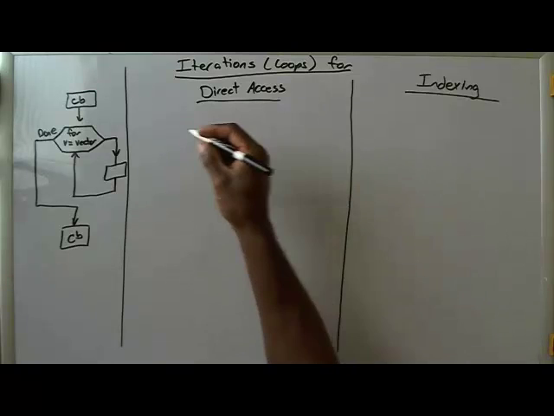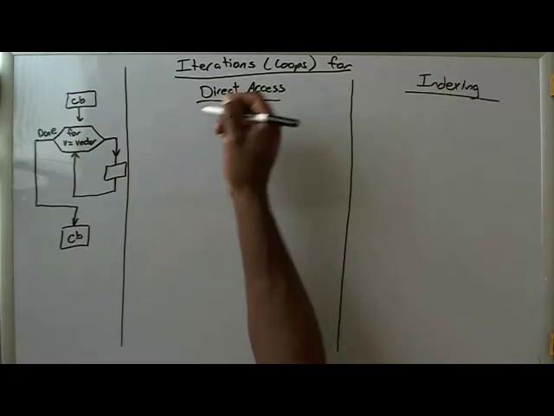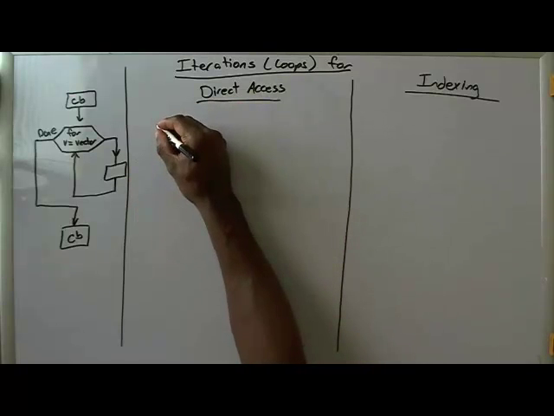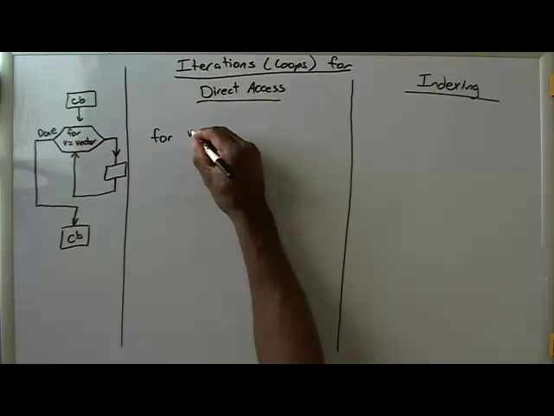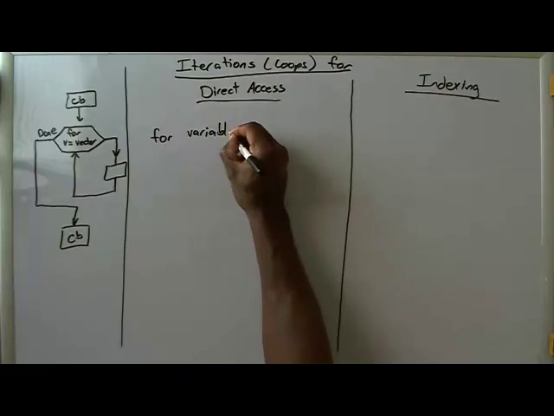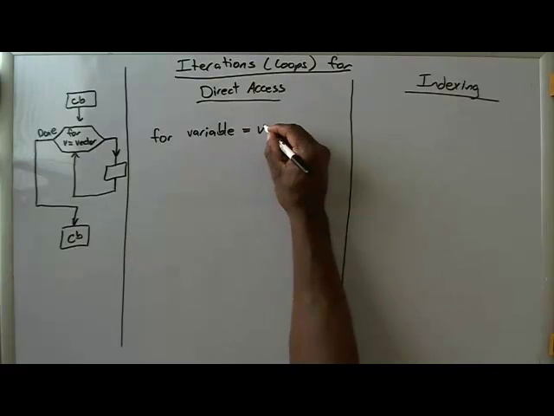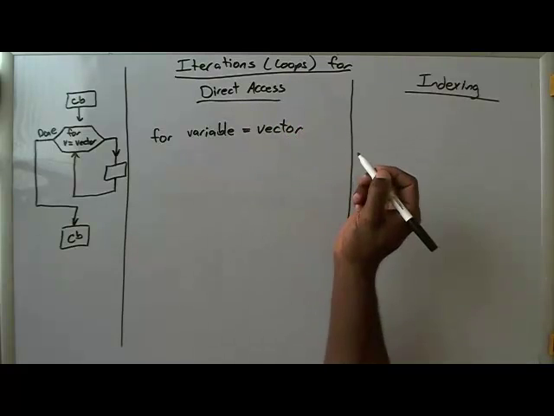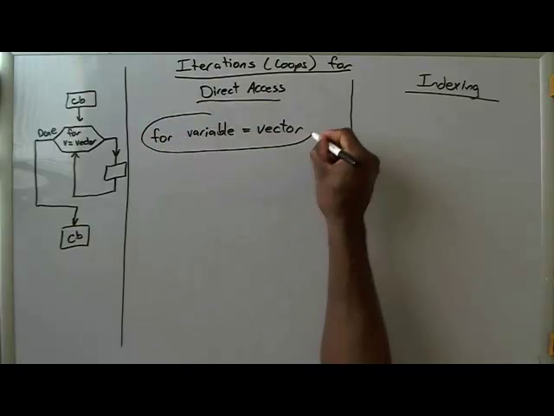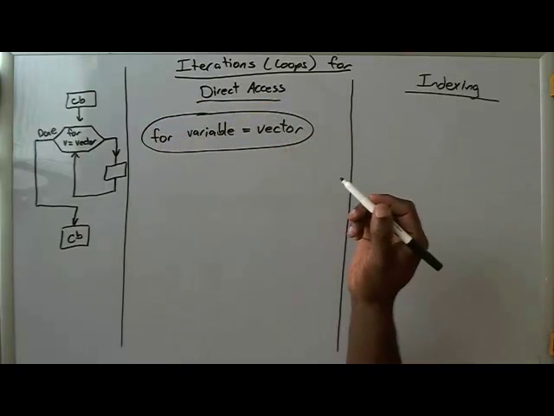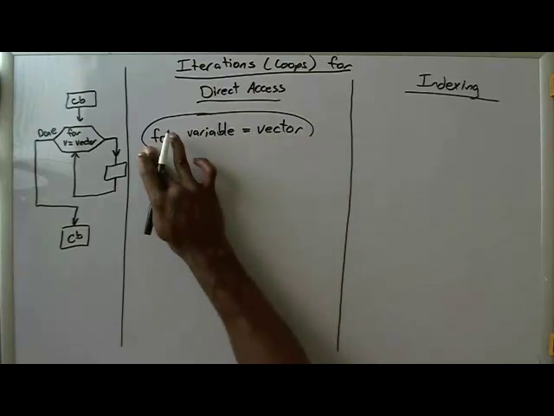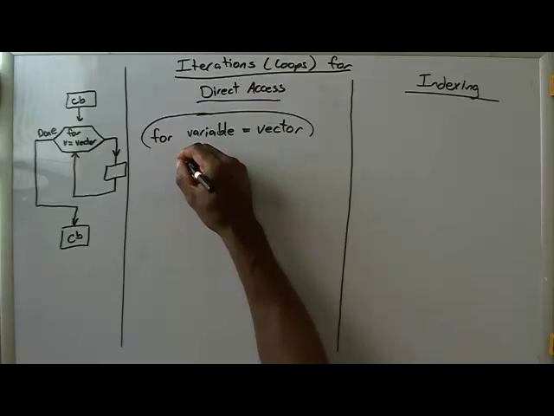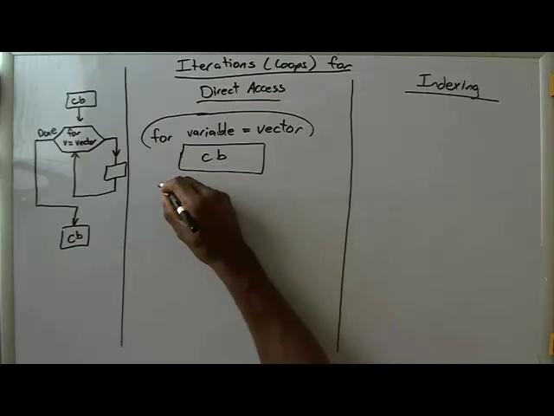So I'm going to write a couple of scripts here. So the first script is I'm going to say for, keep in mind it's for some variable, I'll write this out this time, equals some vector. That's the way it looks in general. Some variable equals some vector, and then you execute some code block inside of here, and then you end.